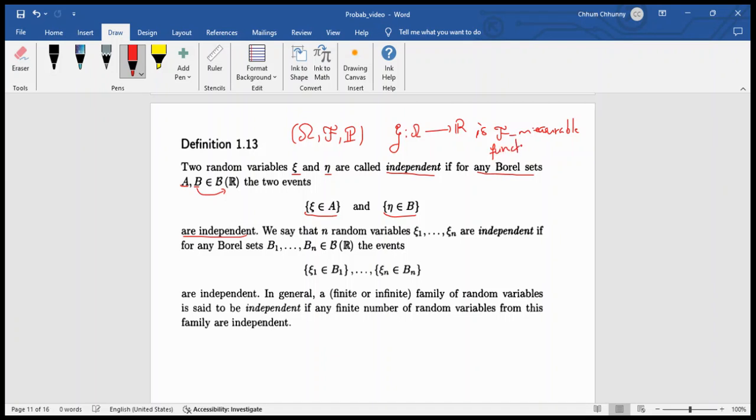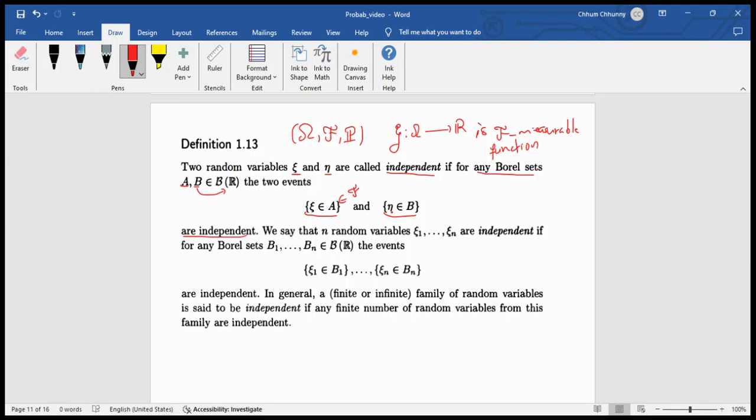So go back to the definition of F measurable. It means that for any subset A of the Borel set of R, the set psi belongs to A belongs to the sigma algebra F.